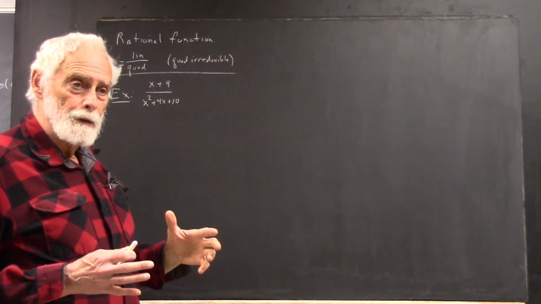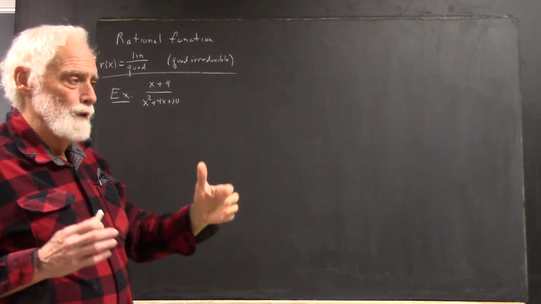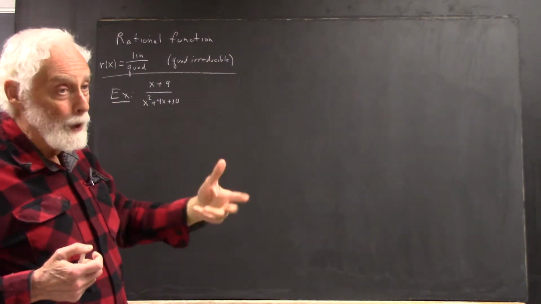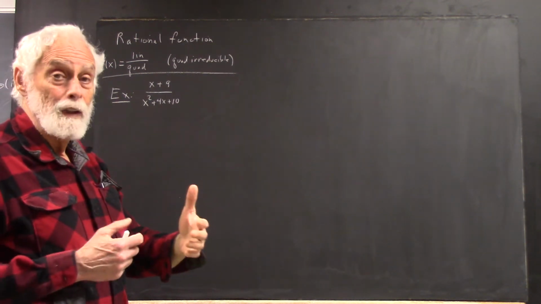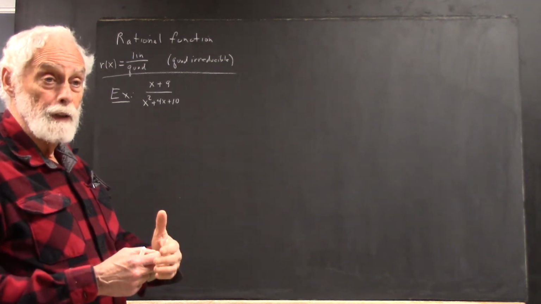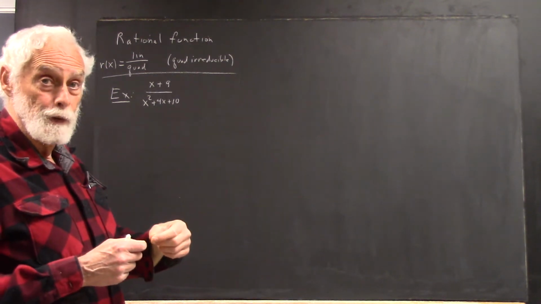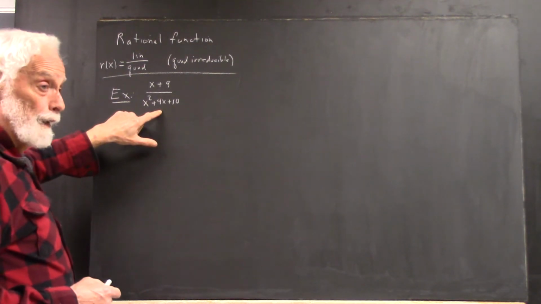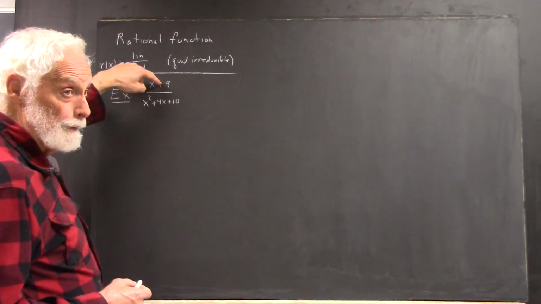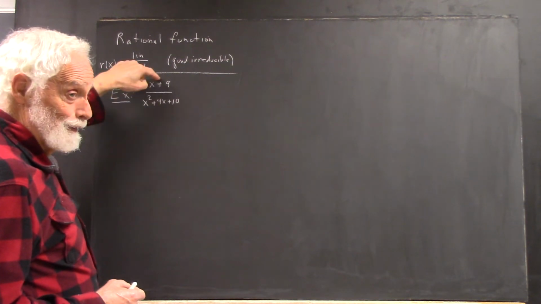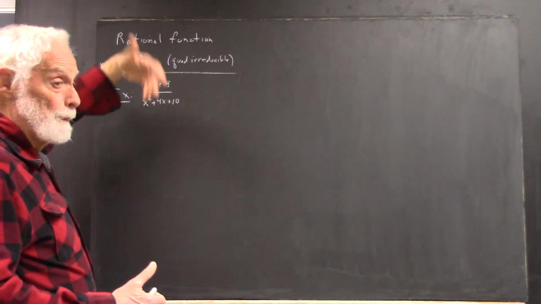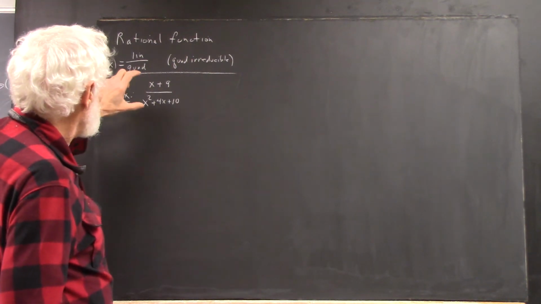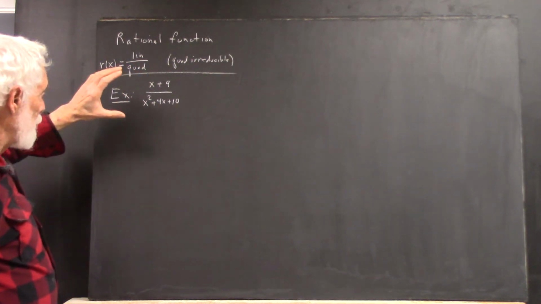Zeros of the denominator are points at which, when you get close to them, the denominator gets very tiny, because as the denominator gets close to 0, it's got to get tiny. And then you're going to have a tiny into something that isn't tiny, and it's going to be big. Maybe big positive, maybe big negative, it's going to be big. Okay, that's just to remind you of the context.